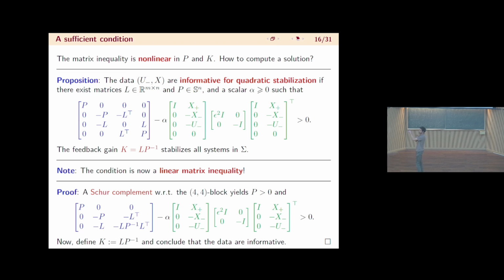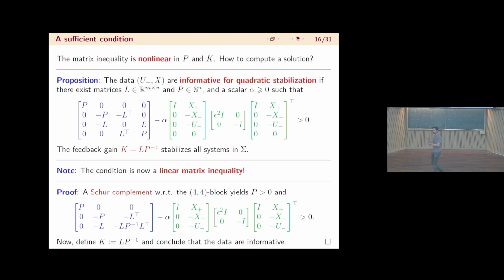Because if you look, let's just do a counting argument. How many rows do we have here? Well, P is an n by m matrix, right? So we have n plus m plus n again. So this is an inequality which is 3n plus m by 3n plus m.